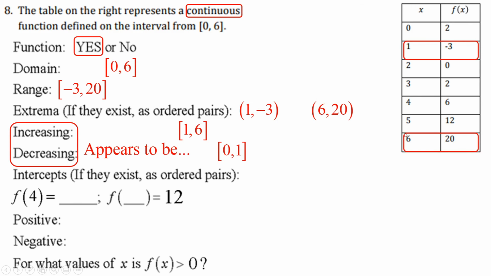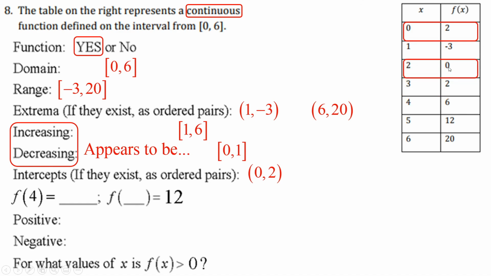Now the intercepts. Well, I'm looking for x equals 0 or y equals 0. There's an x equals 0 right there. So the y-intercept is the ordered pair 0, 2. Remember, at the y-intercept, x equals 0. Now, does y ever equal 0? Oh, yeah, right there.